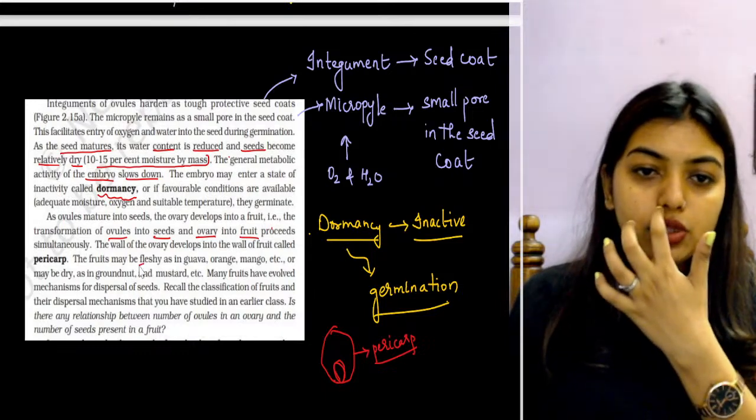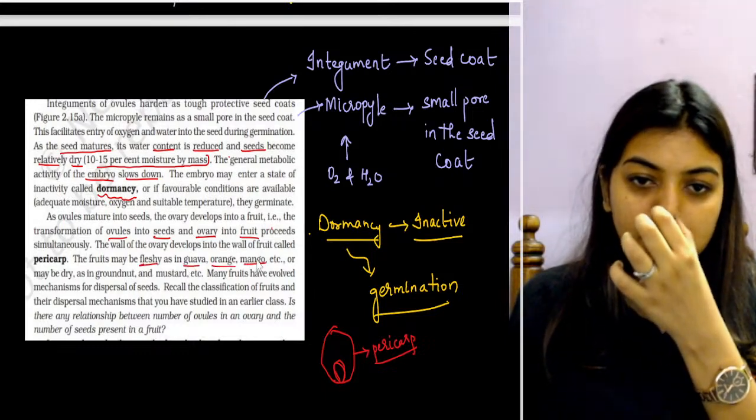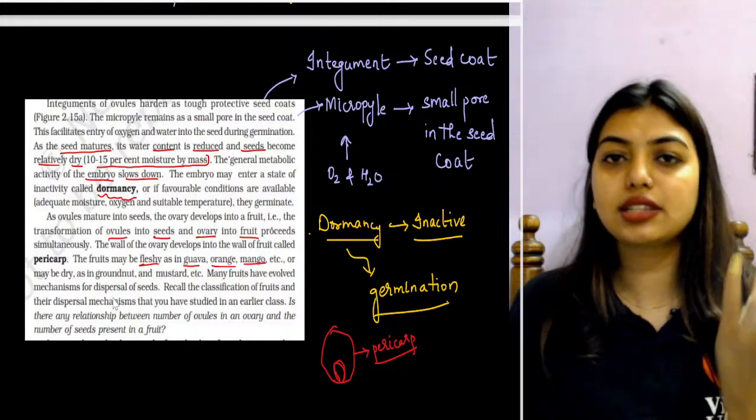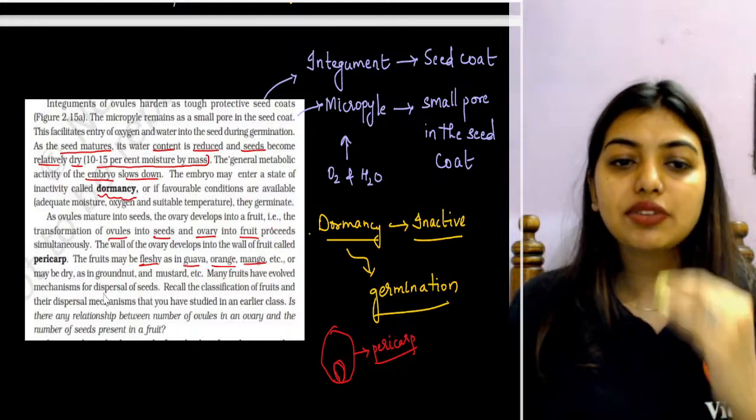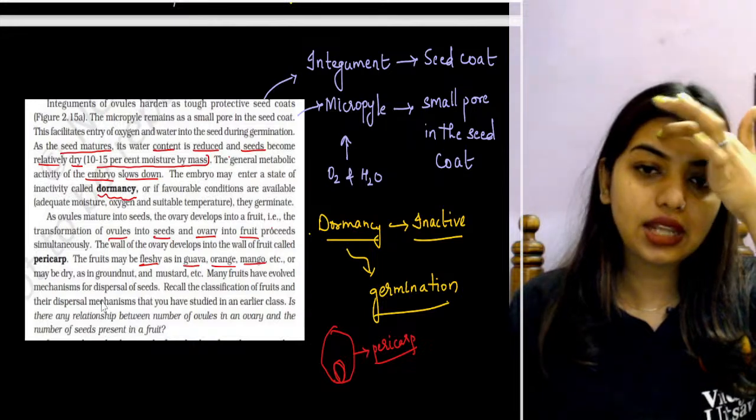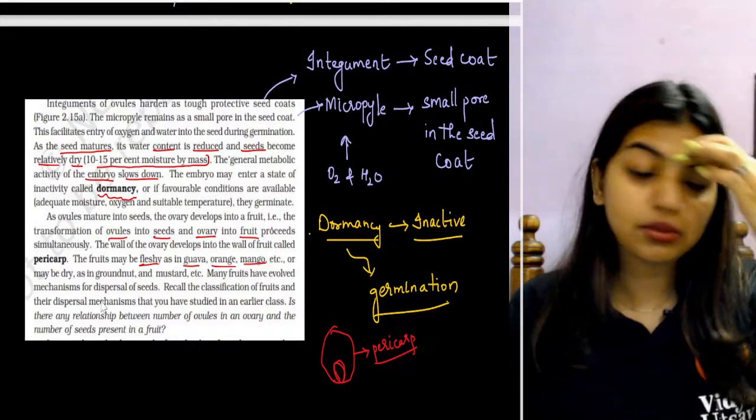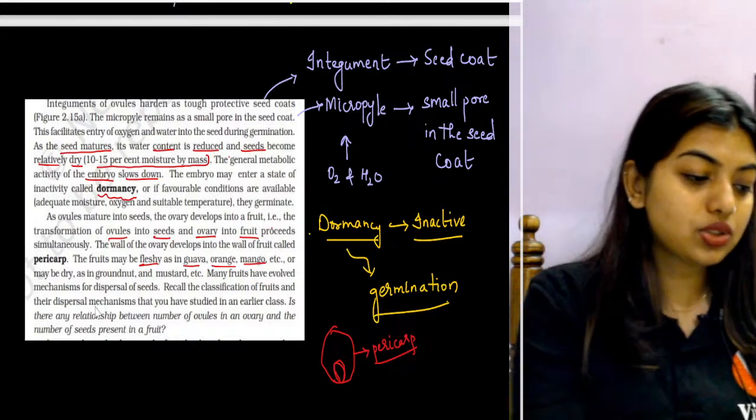Now, the fruits may be fleshy, as in guava, orange, mango, etc., or dry, as in groundnut and mustard. Many fruits have evolved mechanisms for dispersal of seeds, and you can recall the classification. Any doubts so far, students?